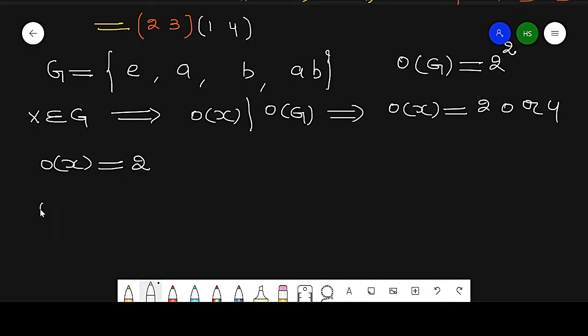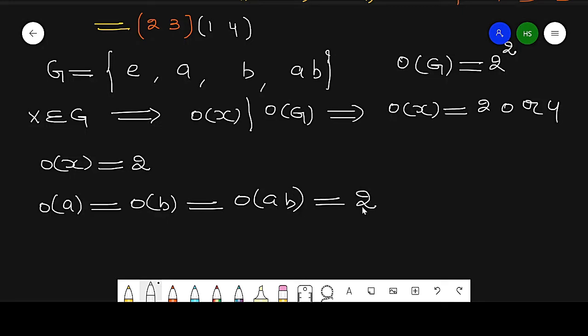So it means the order of A, the order of B, and the order of AB are all equal to 2.